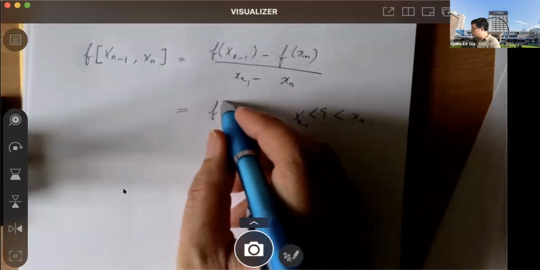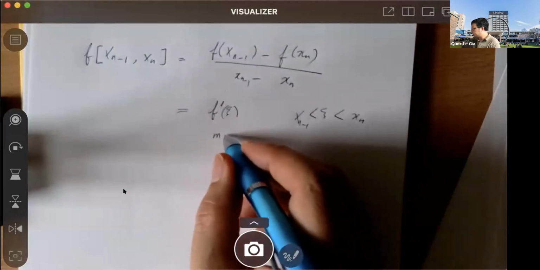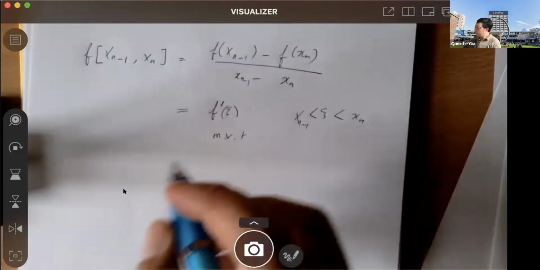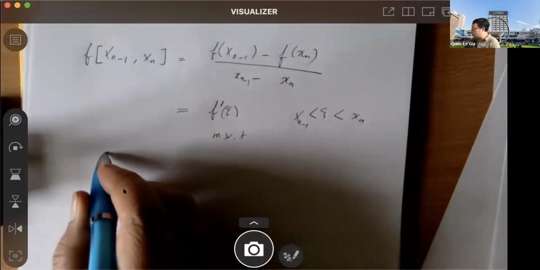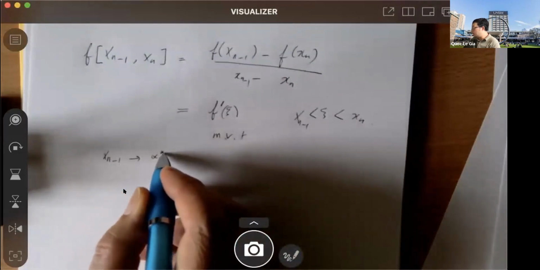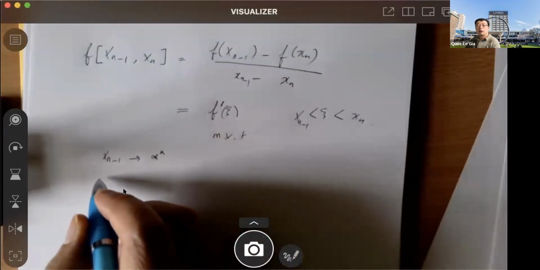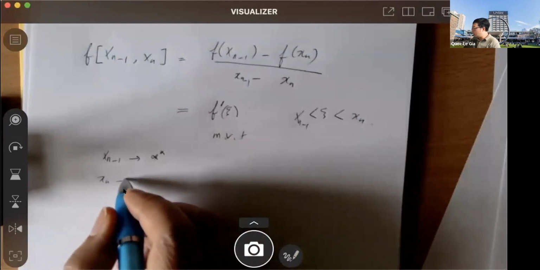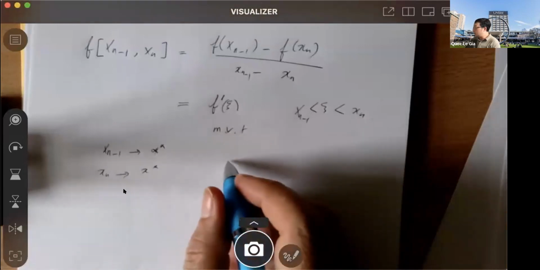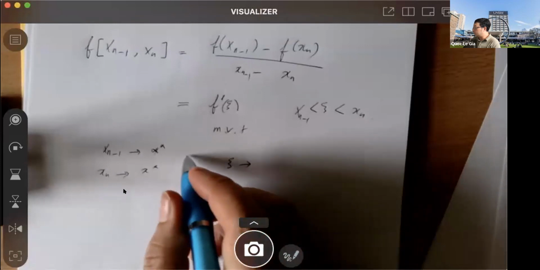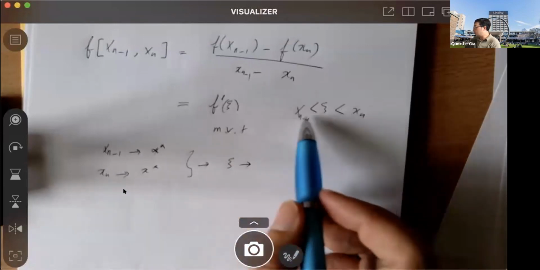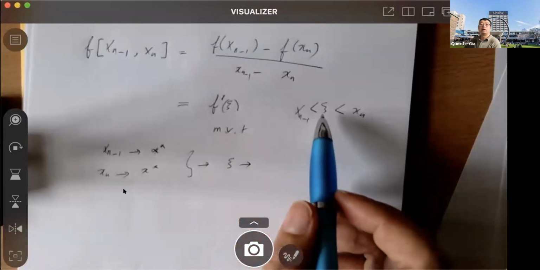So this is just the mean value theorem. And now what happens when n goes to infinity? When n goes to infinity, xn minus 1 goes to x star, and xn goes to x star. Then what happens to xi? Xi is squeezed between xn minus 1 and xn.